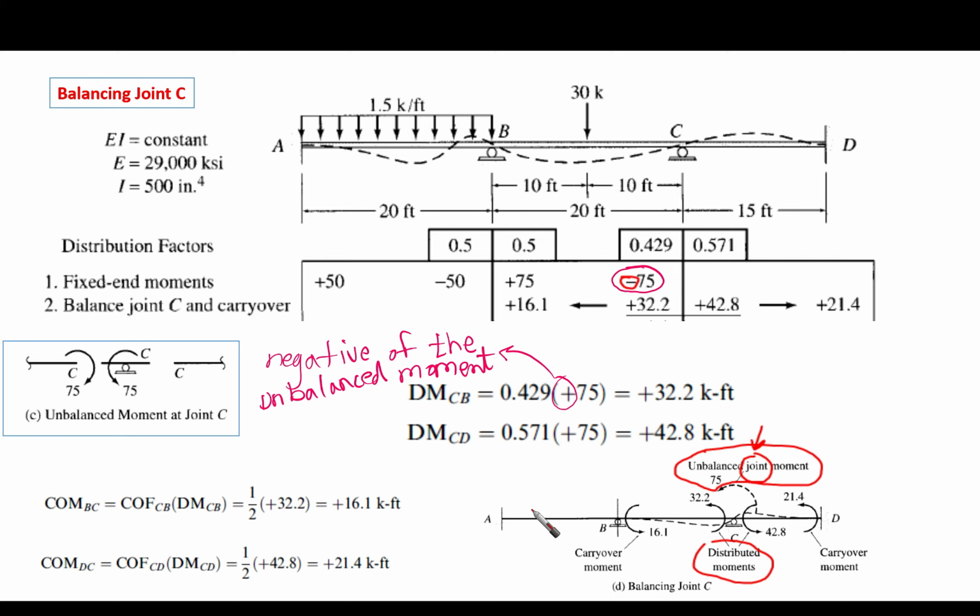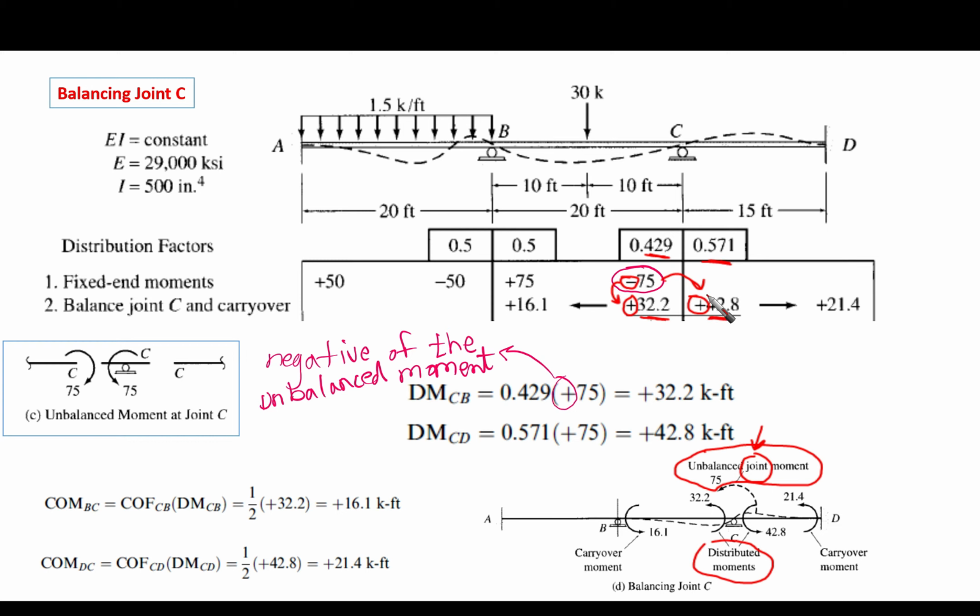Now this is only for illustration, but what you are going to do is look in the table. In the table you are going to find minus 75. Then you are going to put in the part of CD and in the part of CB negative and negative, and then multiply 75 by 0.429 to give you 32.2, and 75 by 0.571, which is going to give you 42.8.